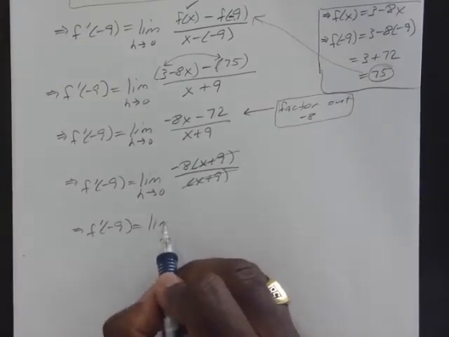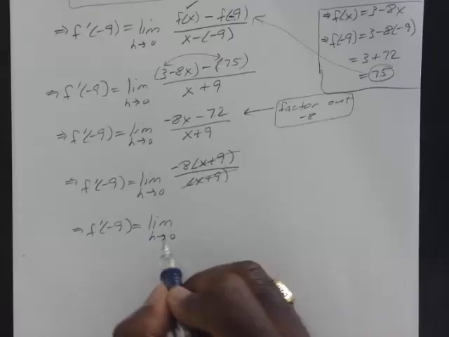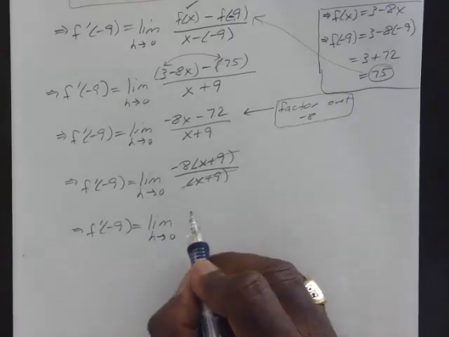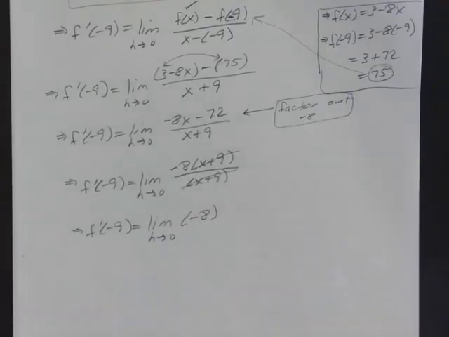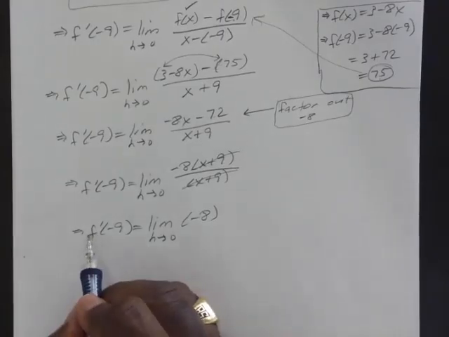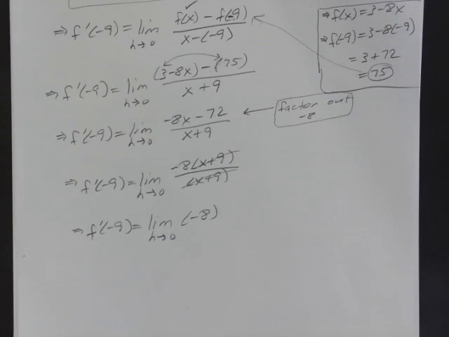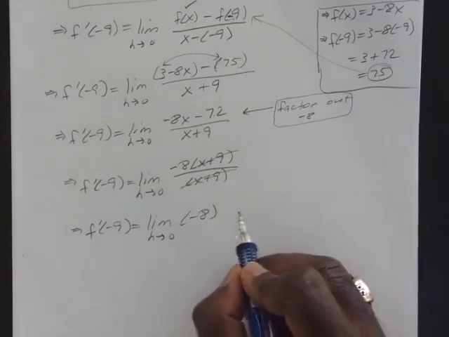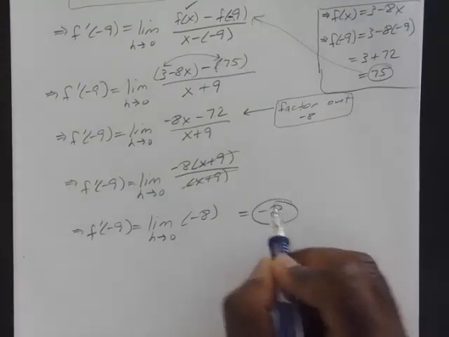So we get the limit of -8. Well, we know the limit of a constant is just that constant. So this is just going to equal -8.